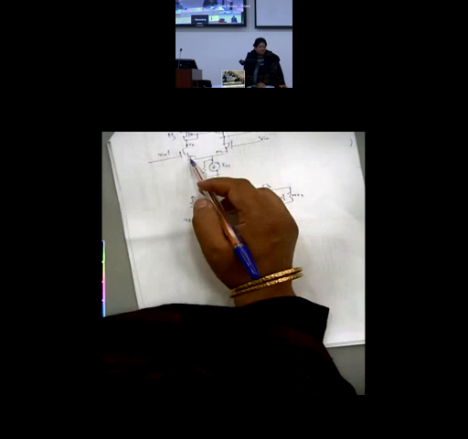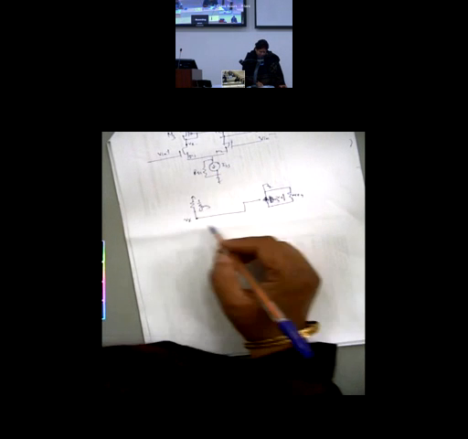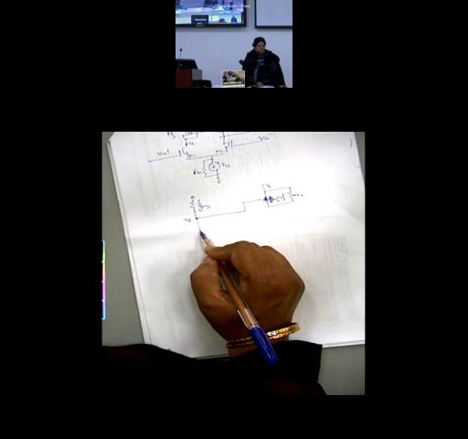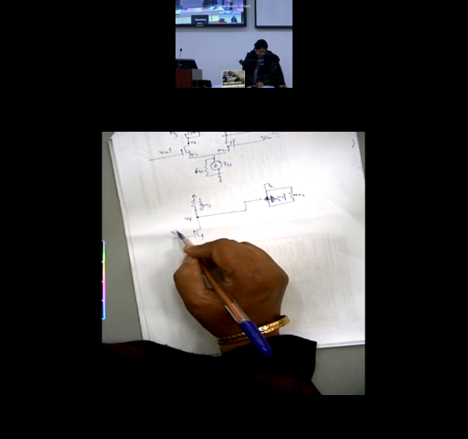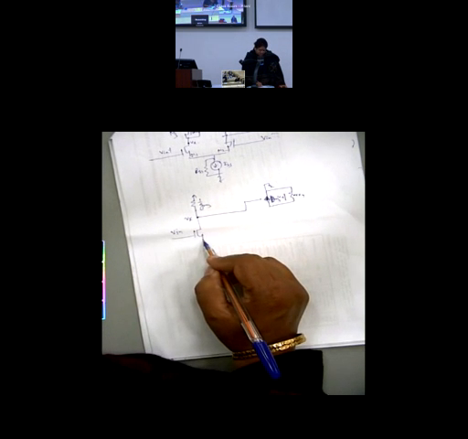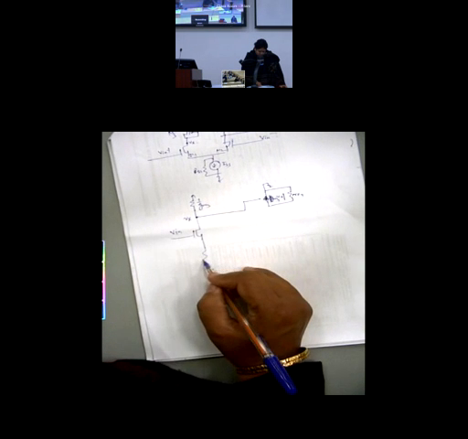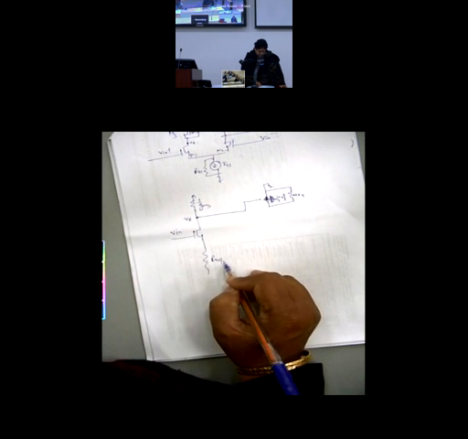Now, each arm I can split. So this would be a MOS. V in is going to be common to both. A MOS here, and then RSS, it would be RSS by 2.